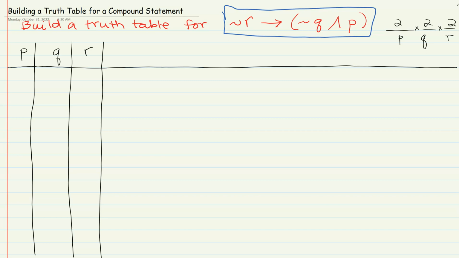What I would do is start with true, true, true, and then alternate the truth values. The next could be true, true, false, then true, false, true, and then true, false, false.